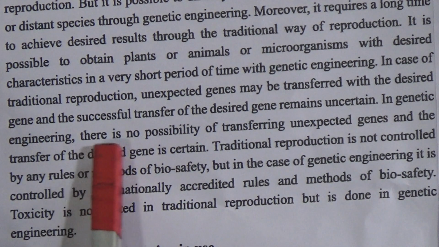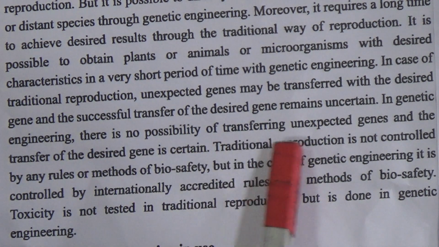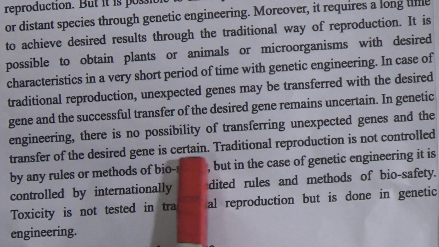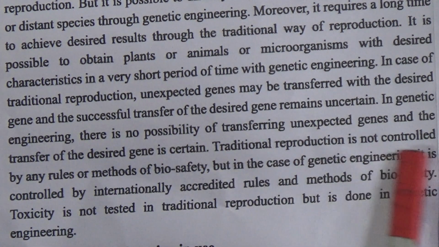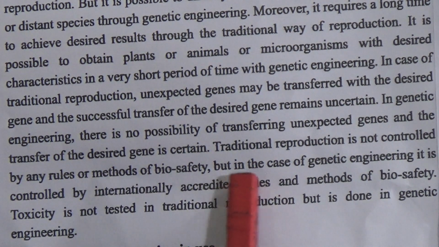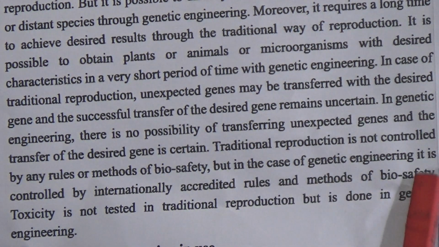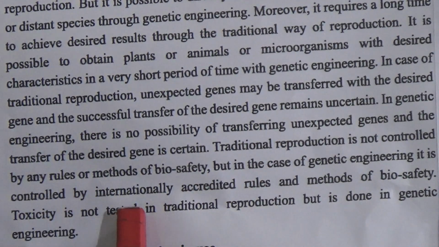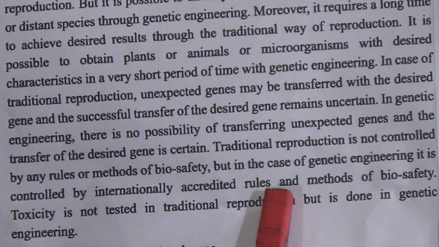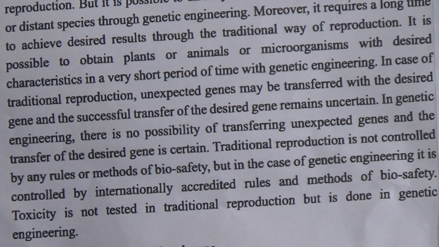In genetic engineering, there is no possibility of transferring unexpected genes, and the transfer of the desired gene is certain. Traditional reproduction is not controlled by any rules or methods of biosafety, but genetic engineering is controlled by internationally accredited rules and methods of biosafety.